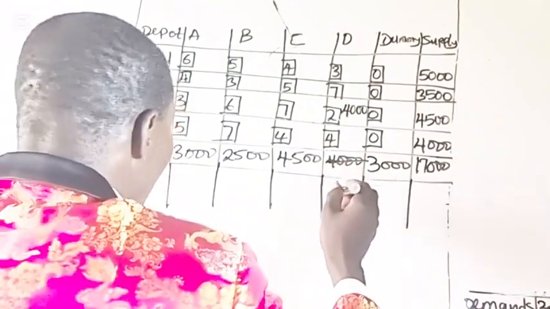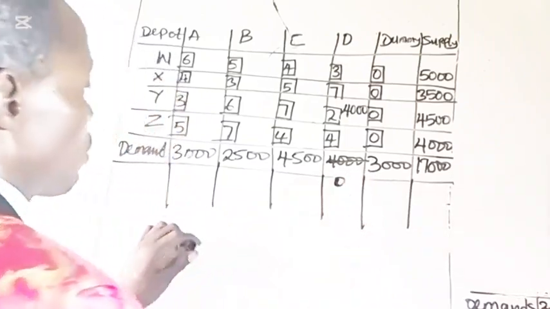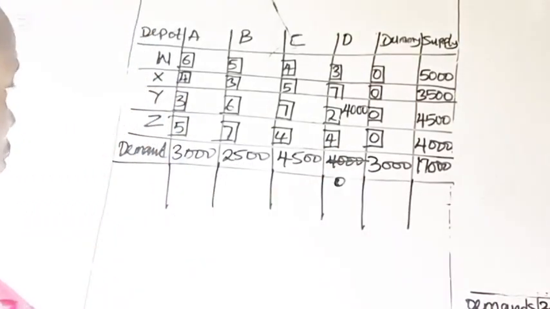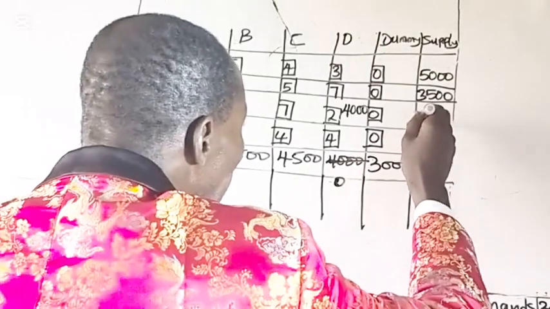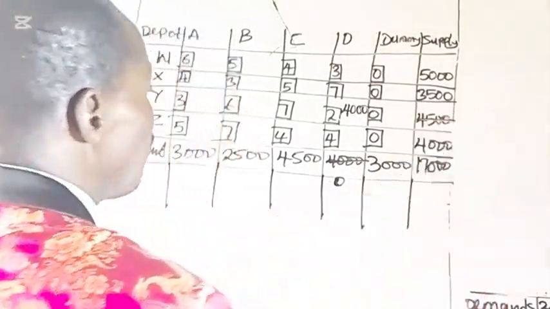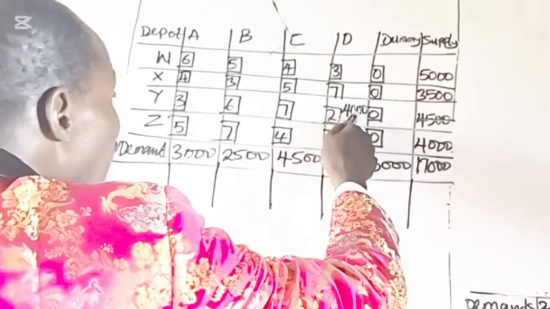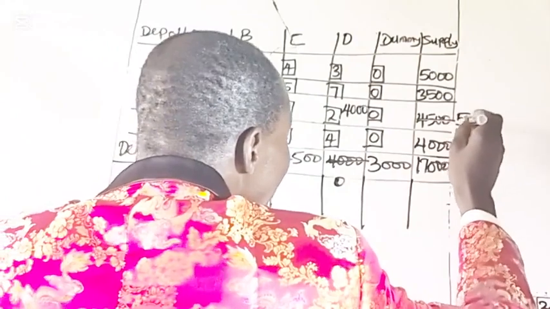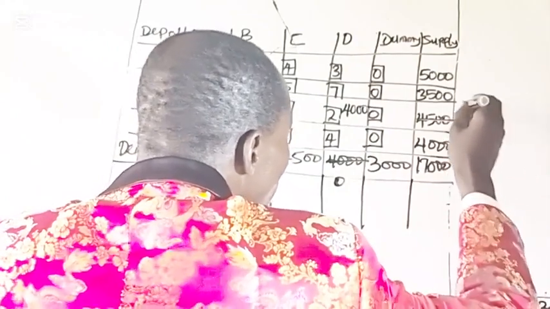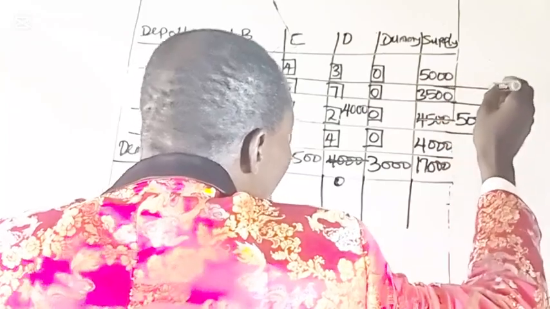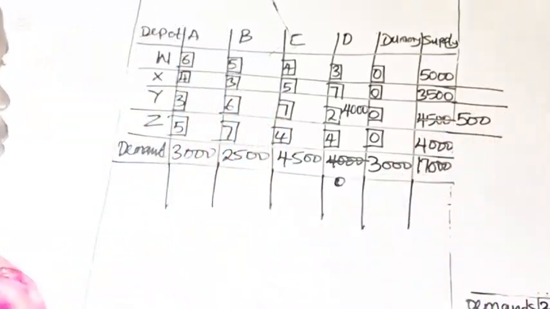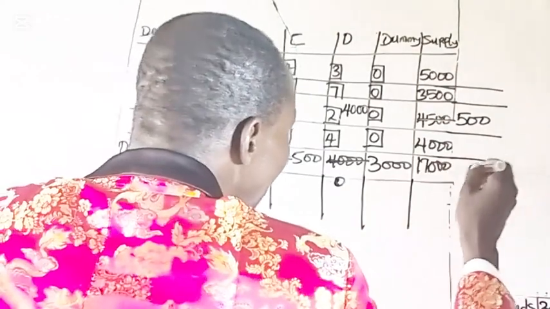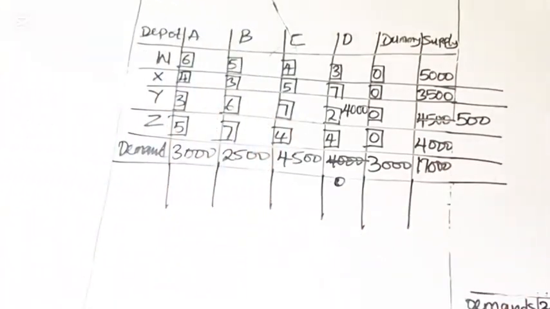If you minus 4,000, you will be left with 0. Then this row, since you have 4,500 there, and you have allocated 4,000 to that row, you'll be left with 500 in this row. So you still have 500 left for further allocation. So that is the first allocation.